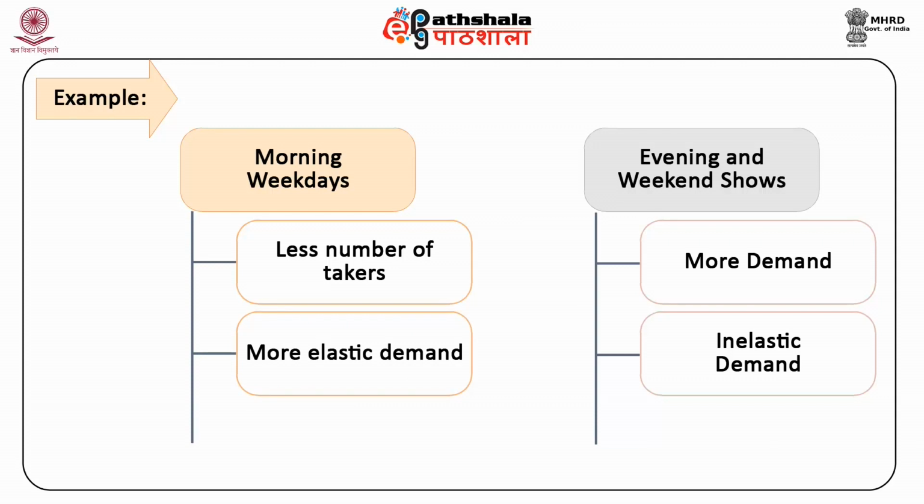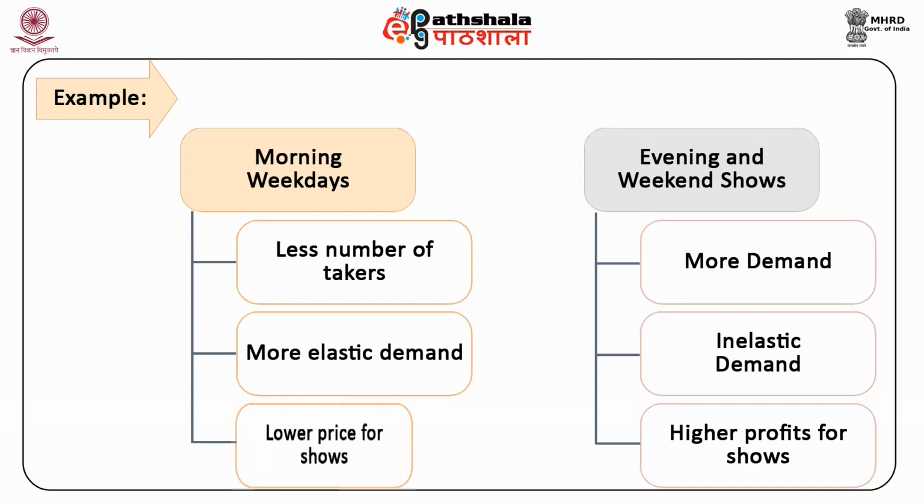The theater can make larger profits by charging higher prices for the evening and weekend shows and a lower price for the morning weekday shows. Through this kind of arrangement, the movie theater allows consumers to decide how much they are willing to pay to view the movie at different points in time.